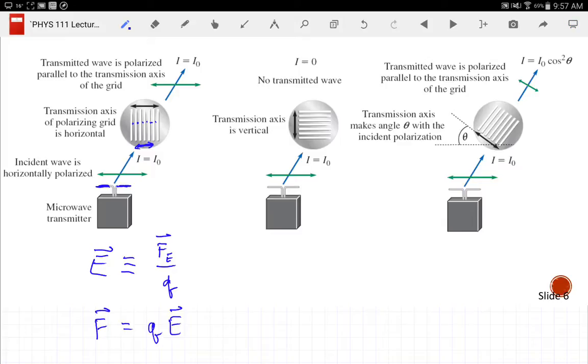Because they can't move horizontally there, they can't absorb the energy. And so the wave goes through. So this will allow the wave to go through because it can't absorb electrons with horizontal motion. It can absorb vertical motion. So if I had vertical electric fields, it would have allowed it through.